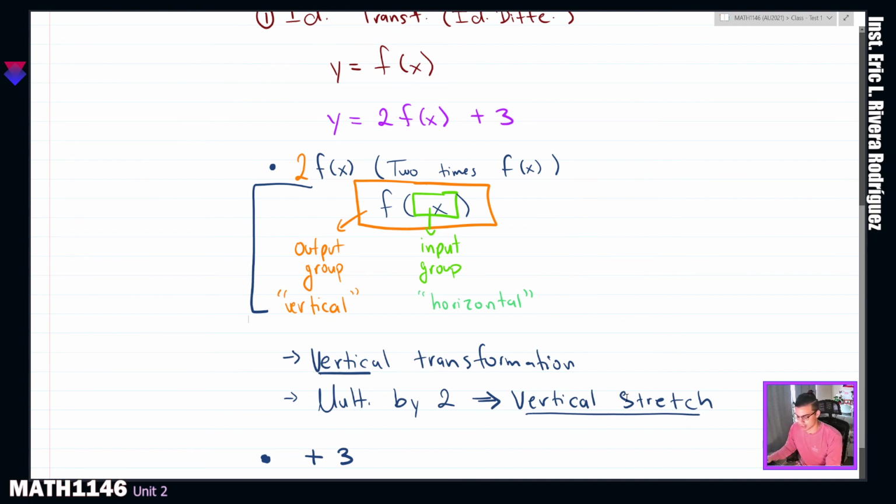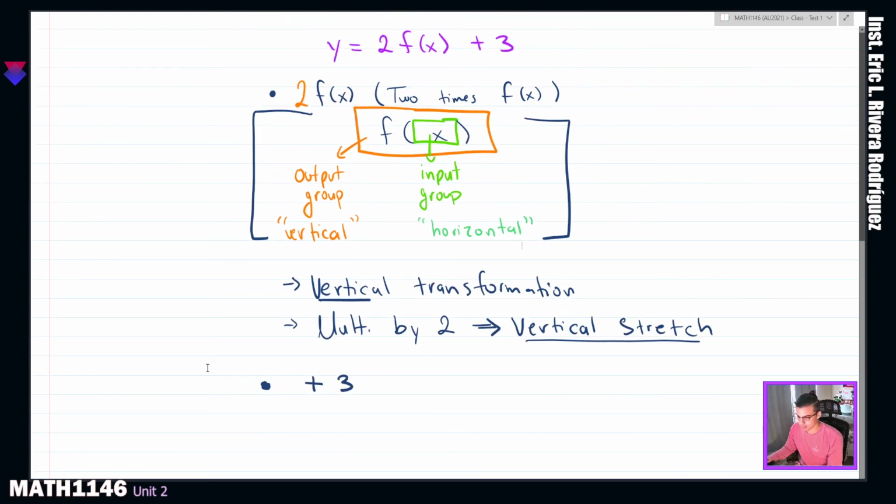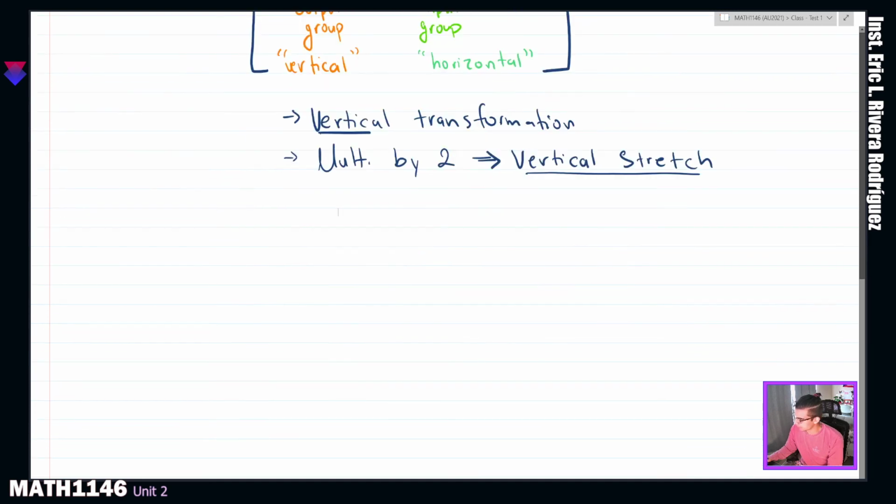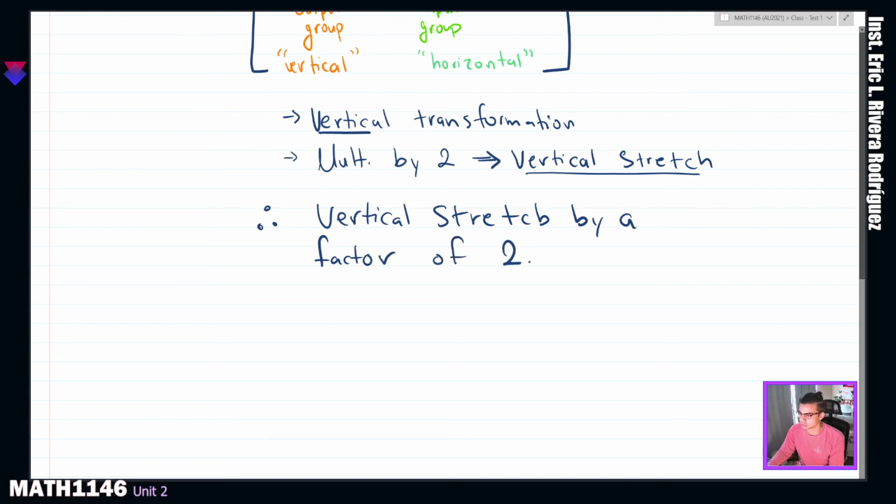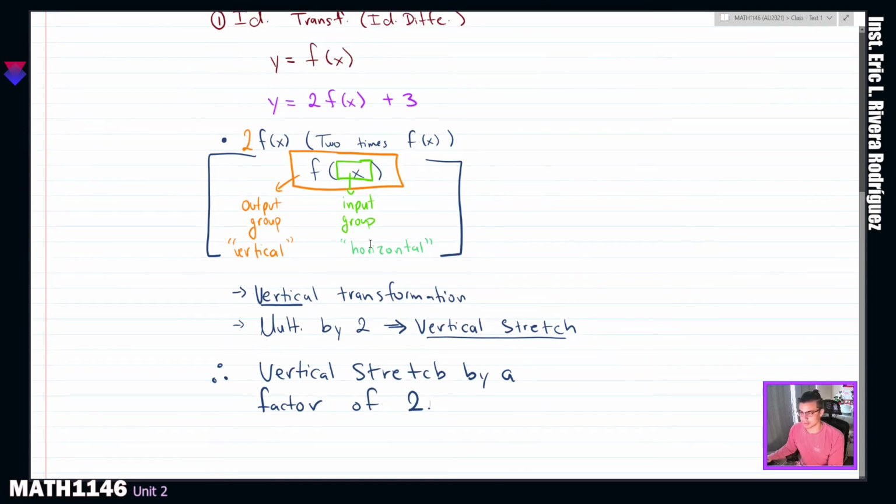Let me go back because Amanda made a very good question. What is going to be the final solution here? Identifying the solution, it will be a vertical stretch by a factor of 2. Okay, so that will be the answer, or that will be the first transformation.